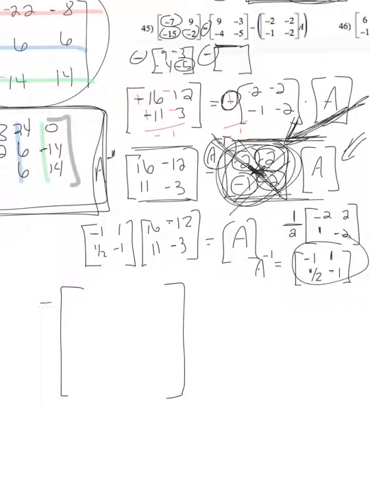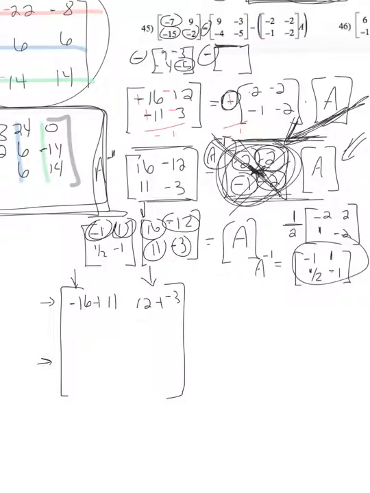Okay, let's go for this one right here. So this row times this column. So negative 1 times 16, so negative 16 plus 1 times 11. I'll go this one right here. So negative 1 times negative 12 plus 1 times negative 3.